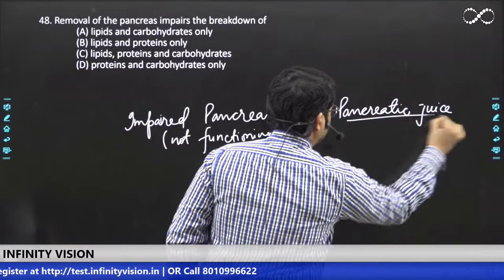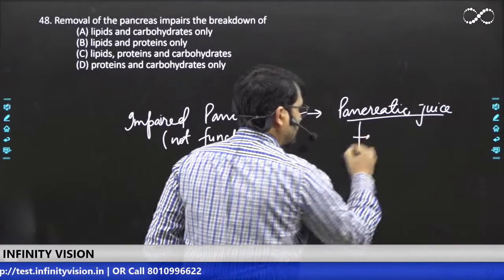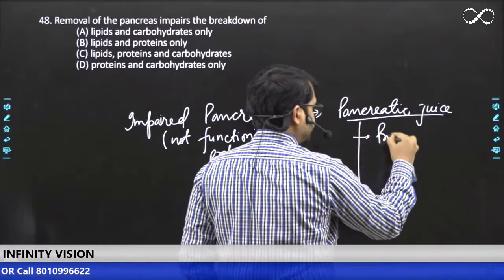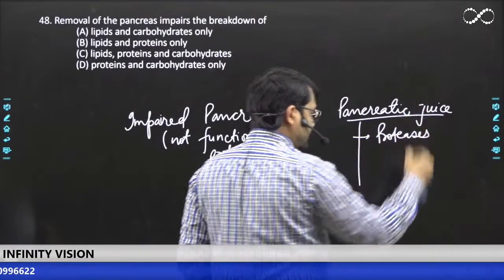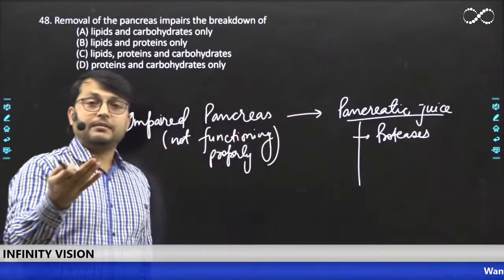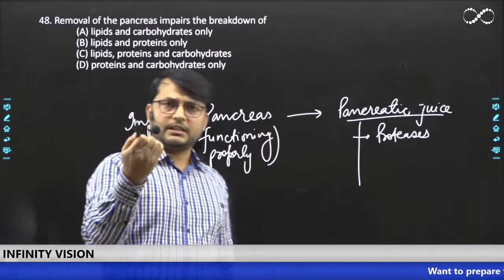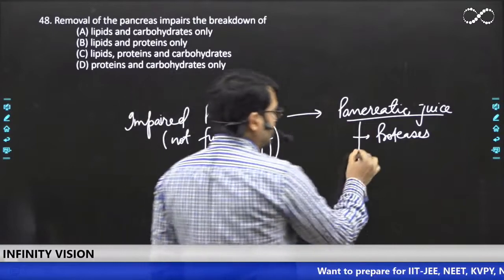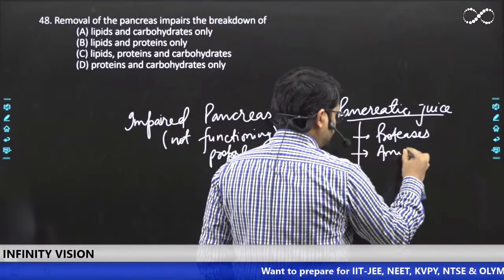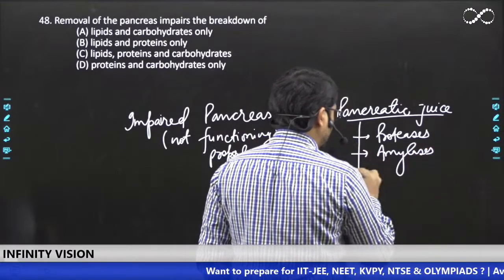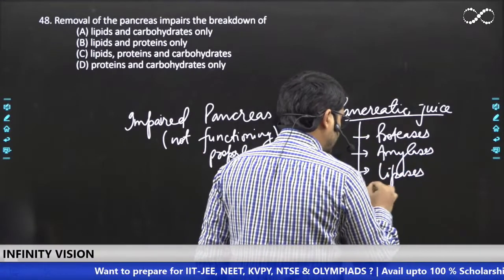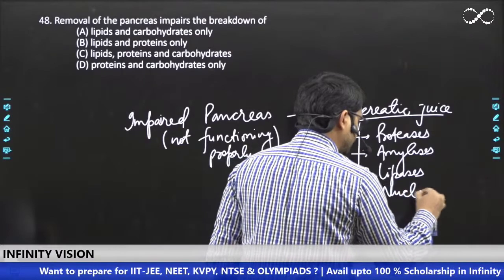And you know pancreatic juice has all the digestive enzymes. It has proteases like trypsinogen, chymotrypsinogen, procarboxypeptidase. Plus it has amylases. It has lipases. Plus it has nucleases, correct?